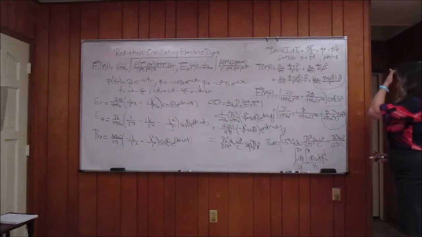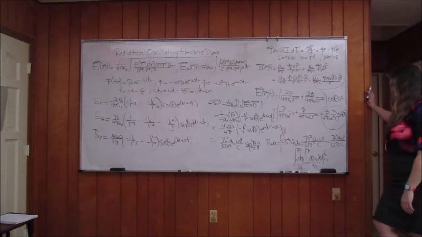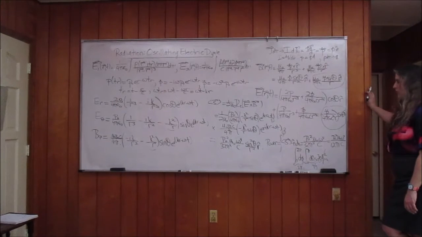Final result will be p naught squared mu naught omega to the fourth over 12 pi c. And that's the amount of power radiated by an oscillating electric dipole.